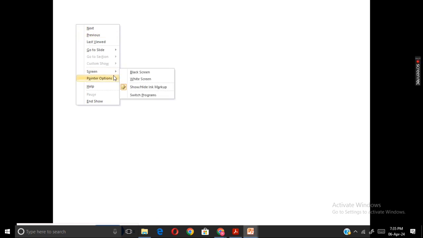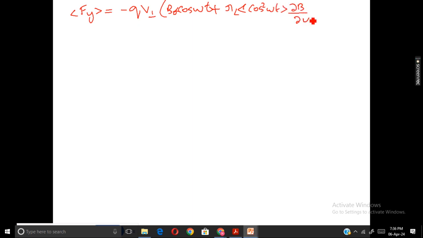Now the only term that is remaining is Fy. So the average of Fy will become minus q B perpendicular B0 cos omega t plus RL, this is average of cos square omega t into ∂B/∂y.